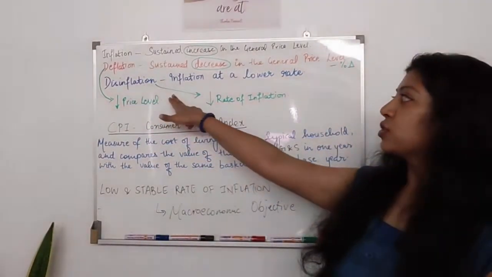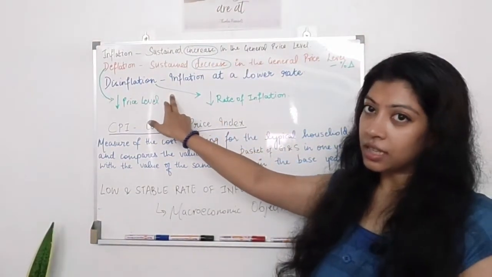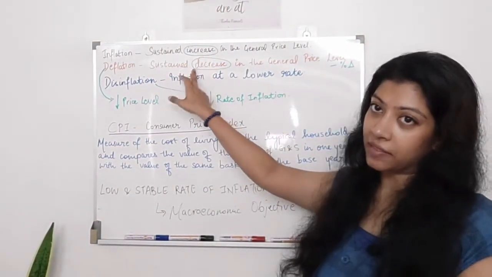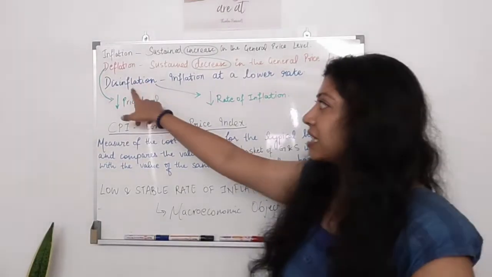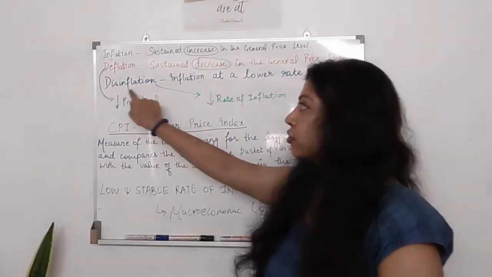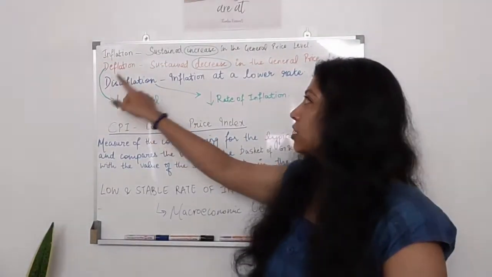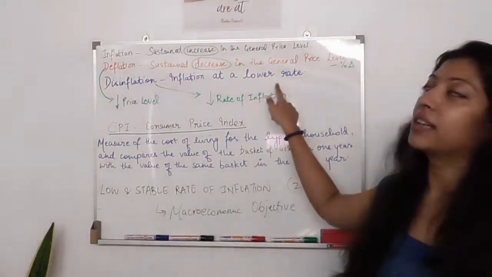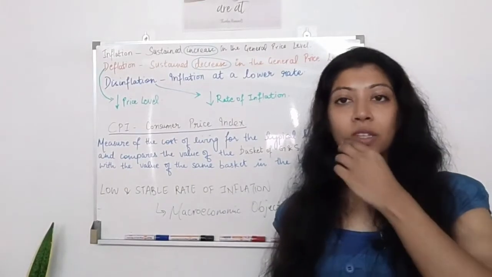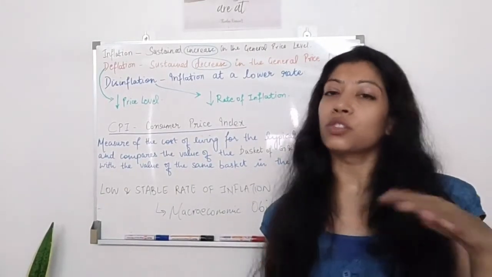Now, disinflation, on the other hand, is not a decrease in the general price level. That's deflation. Disinflation, the word shows there is inflation, but this just shows that the inflation is at a lower rate. So there's still inflation happening, it's just at a lower rate.